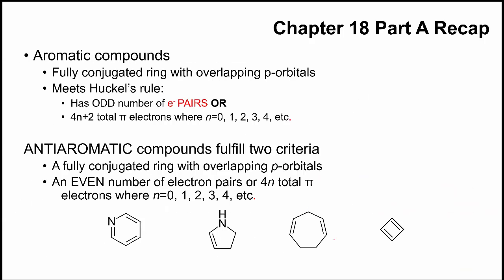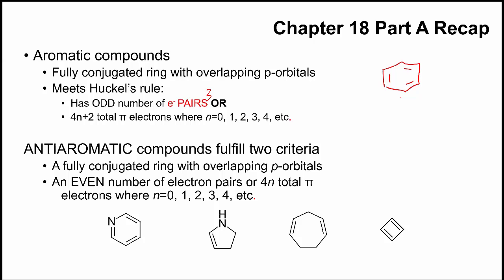Other things we'll look at with chapter 18 is whether a compound is aromatic or not. In order for it to be aromatic, it has to have a fully conjugated ring with overlapping p orbitals, and it has to meet Huckel's rule. I always think of benzene when I think of something aromatic. It has to have an odd number of electron pairs. In this benzene ring, there's 3 electron pairs.